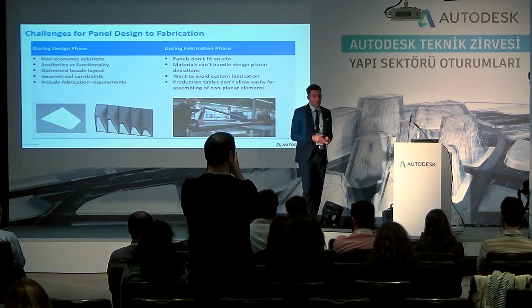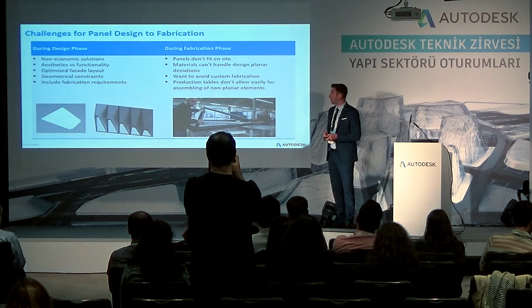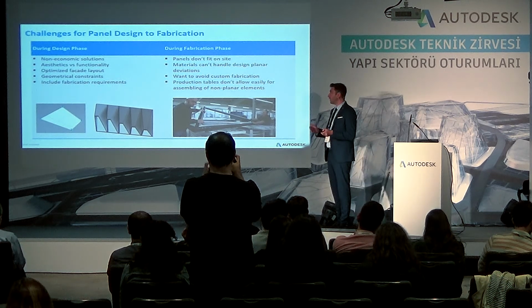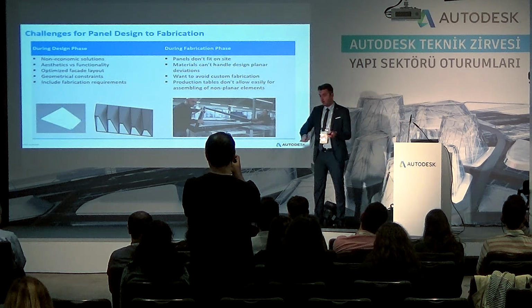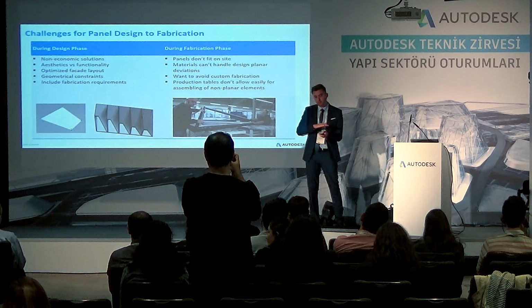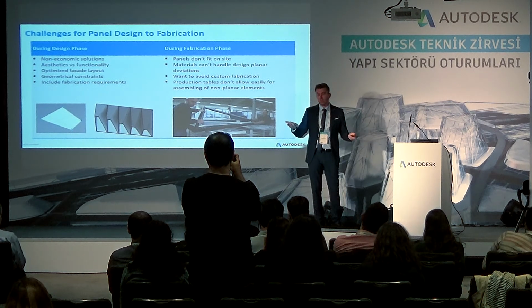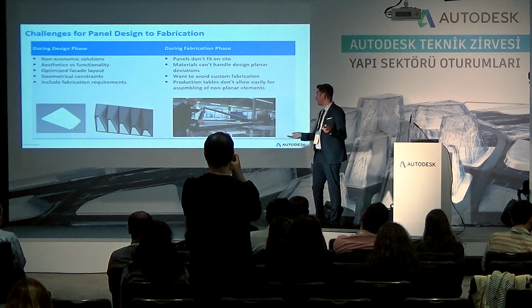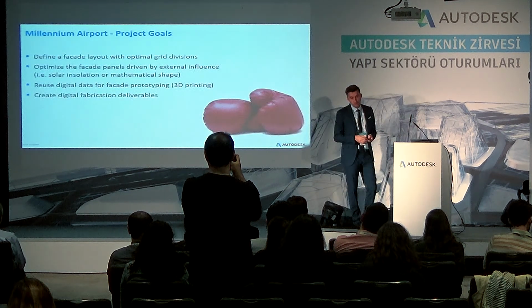And also the production tables don't follow easily for assembly of non-planar elements. Basically, the production tables that we have, they are very optimized to create flat panels. The moment we start to deviate from that flat panel, we need to complicate things and involve more effort.